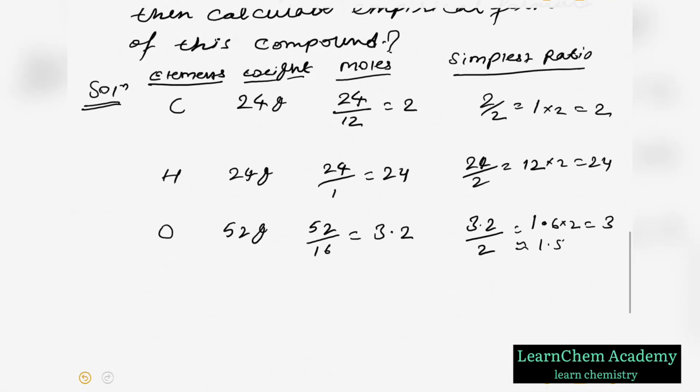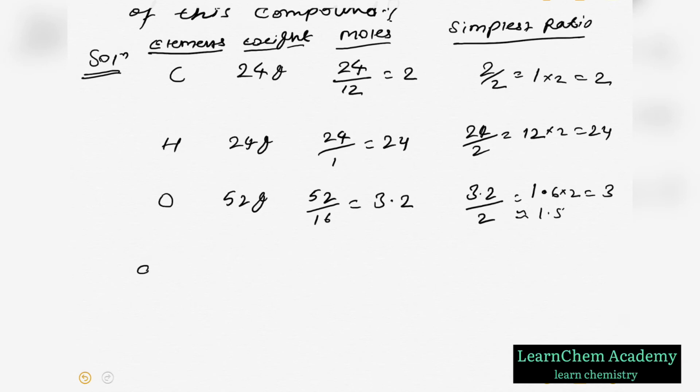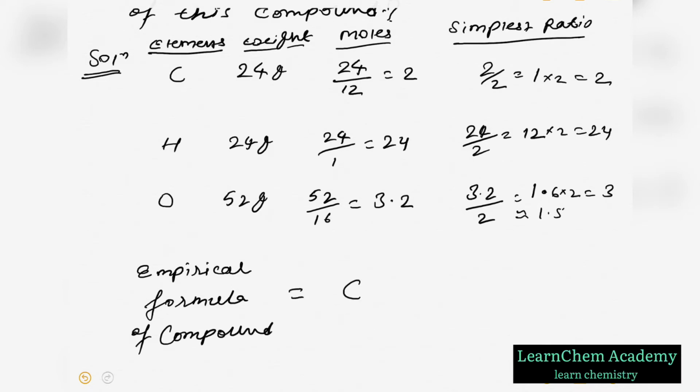So we can write the empirical formula of the compound, which is equal to C2H24O3. Okay, so this is the empirical formula.